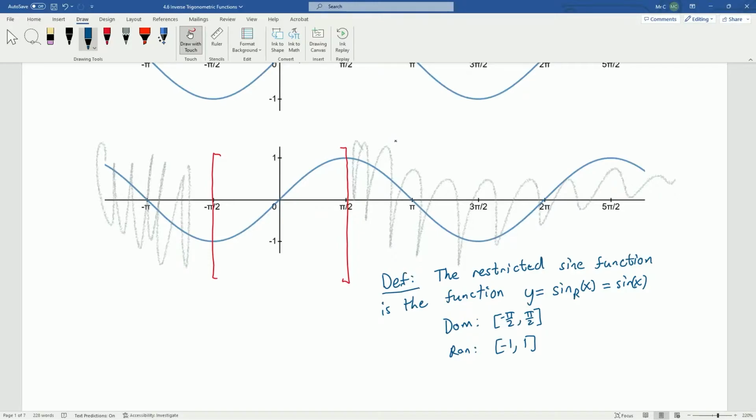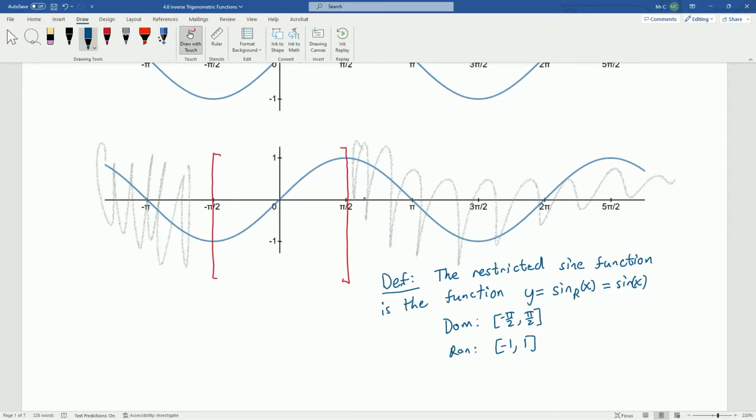So just to elaborate on this point a little bit before we go much further, I chose this restriction for a good reason, because if I tried to pick the restriction between 0 and pi, this would not have been a one-to-one function. I still would not have passed the horizontal line test.